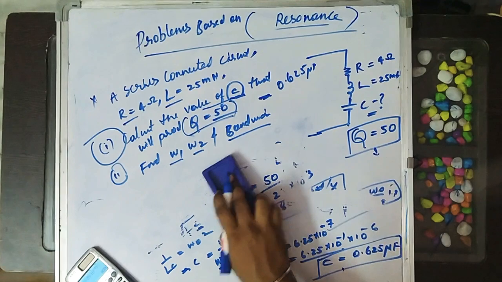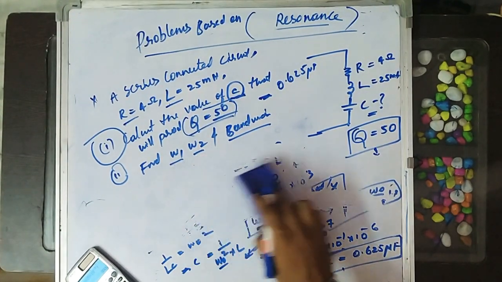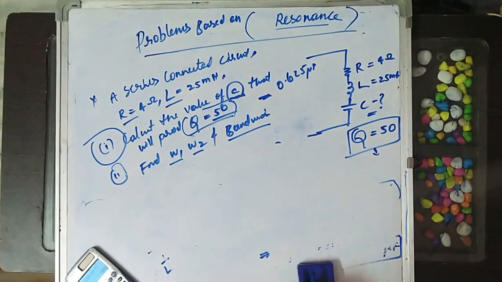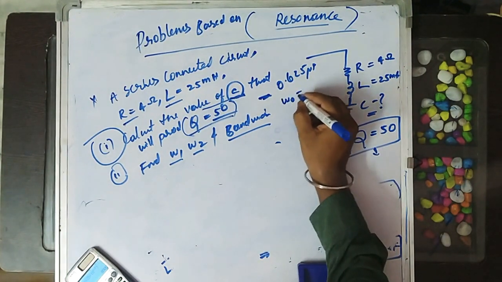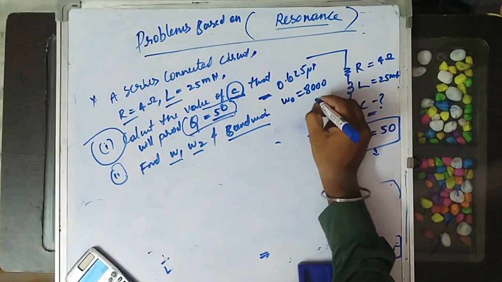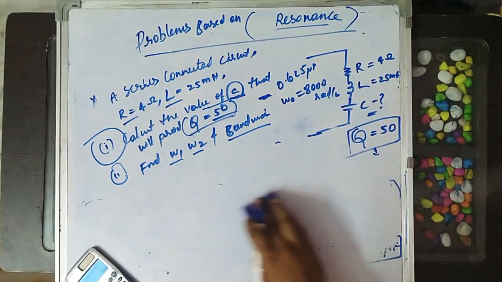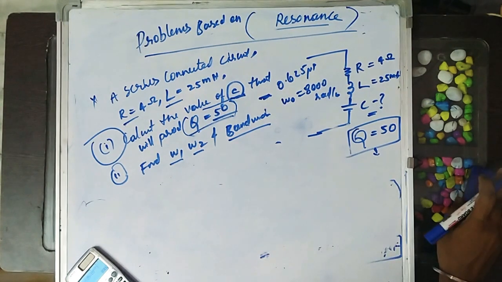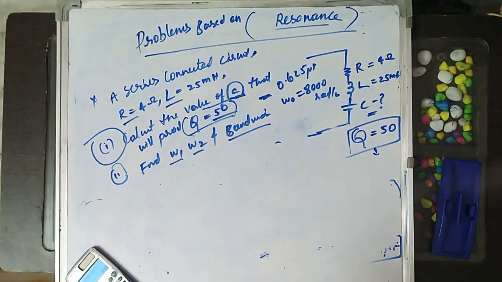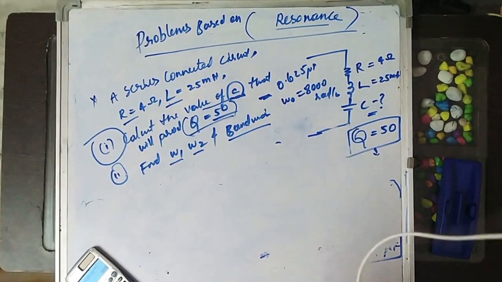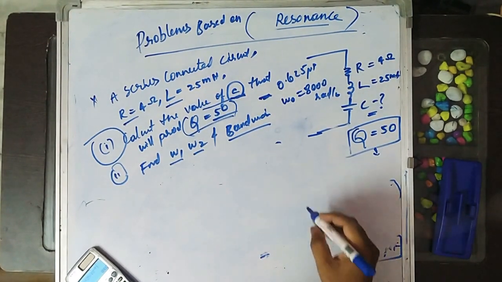Now we wish to find omega 1, omega 2 and bandwidth. You got omega naught equal to 8000 radians per second. So whenever you are asked to find omega 1, omega 2 and bandwidth, what is omega 1?